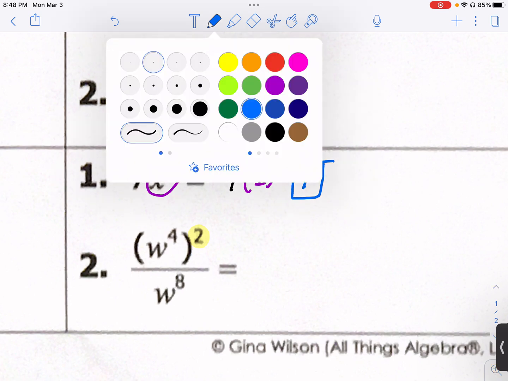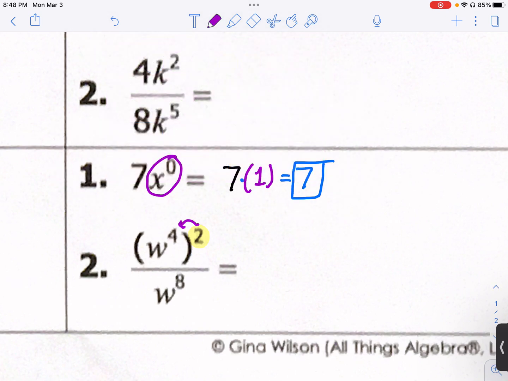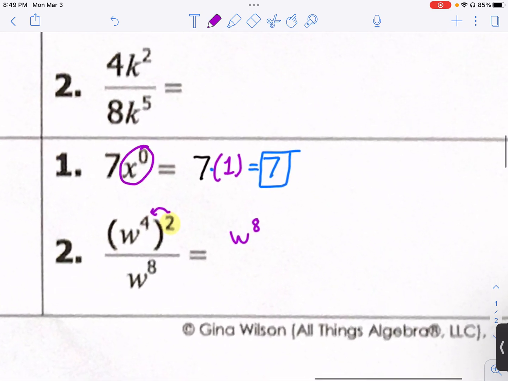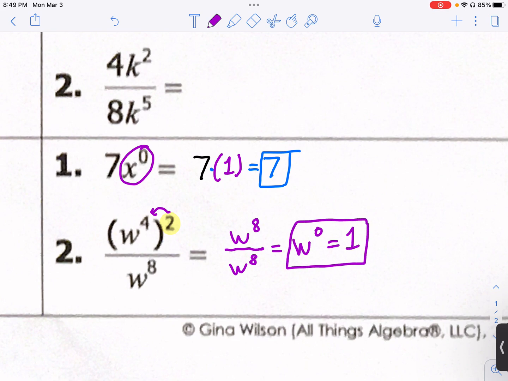Again, first thing I'm going to do is distribute this 2. I get w to the 8th. Again, we multiplied because that is the power rule. And then from there, w to the 8, I just copy down that w to the 8th again. I subtract, and I should get w to the 0, which again, that just equals 1.